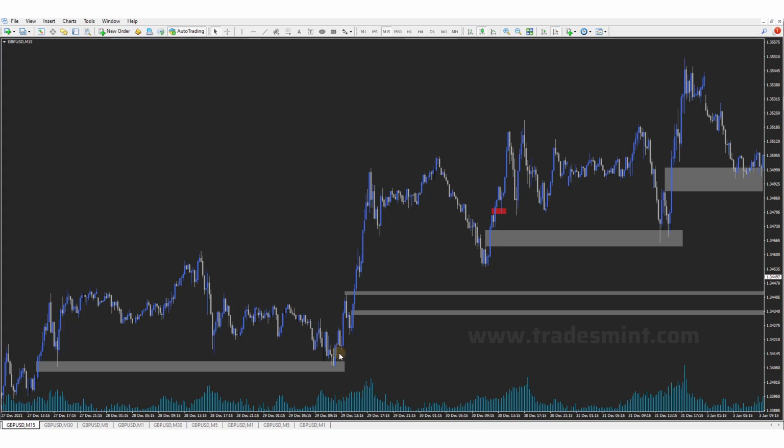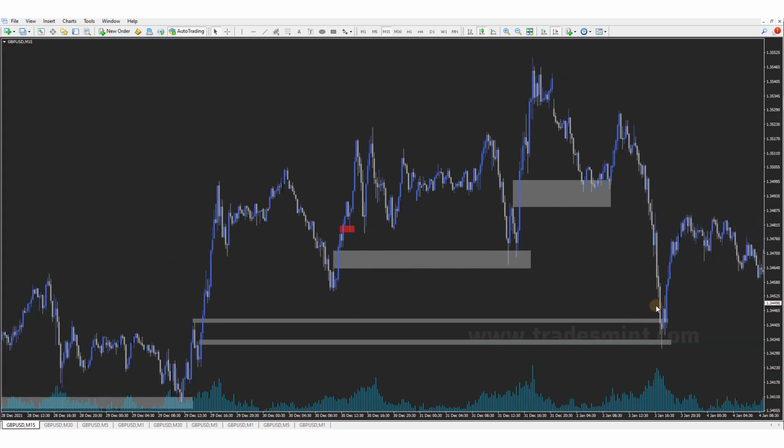It was automatically filled by another. So these two wicks from the candle before and the last one matched together. They were touching, yes, they were filling this big candle. But here it didn't happen. So later we can see the filling of these two imbalances.